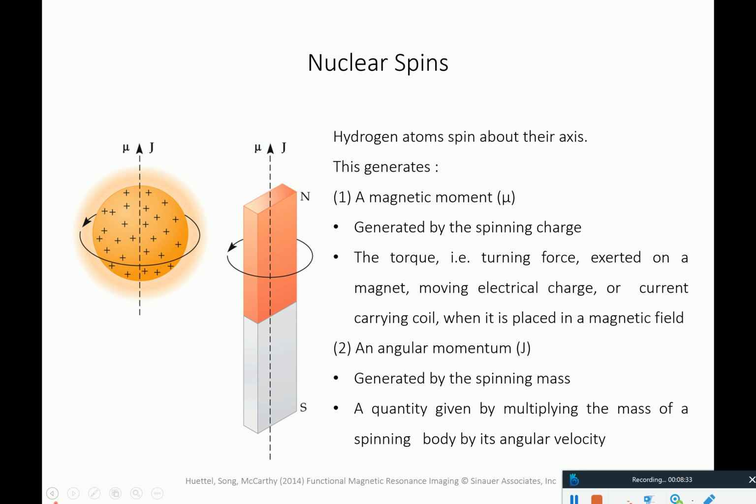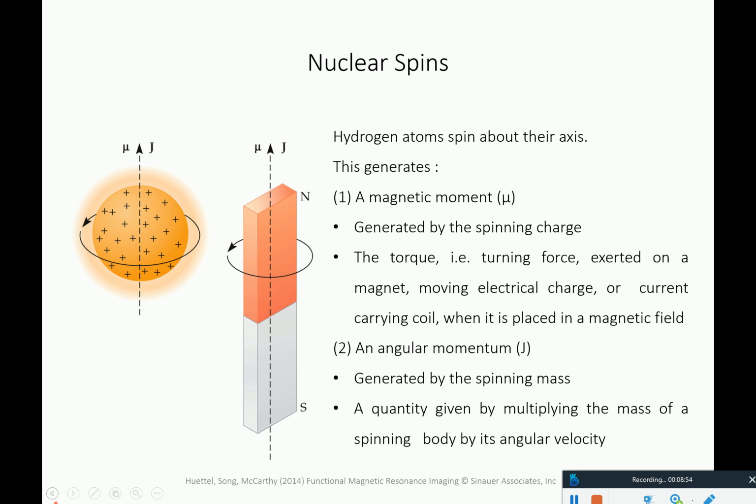But anyway, there is something called a magnetic moment that is generated by the spinning charge. If one formally looks into what the magnetic moment actually is, it's defined as a torque, which doesn't really help because you're also not really familiar with what a torque is. But you know what a force is, at least.